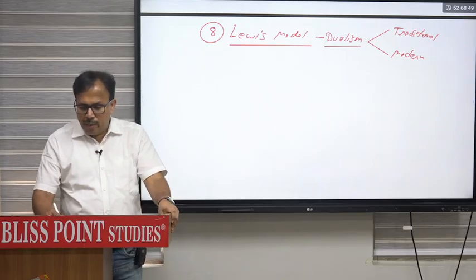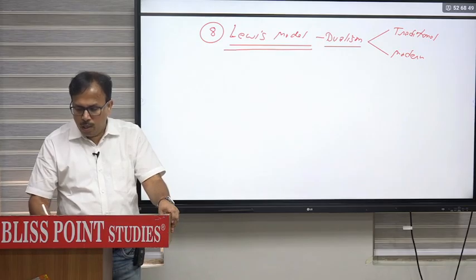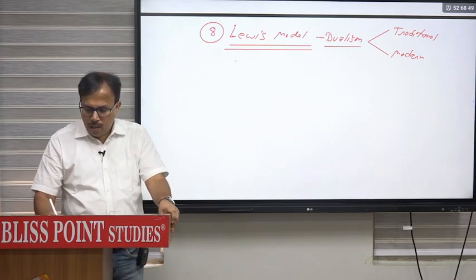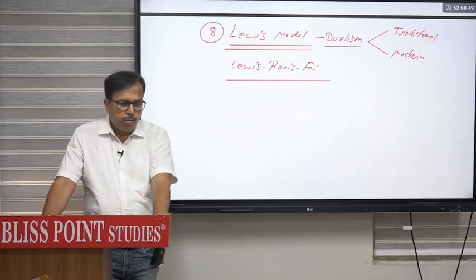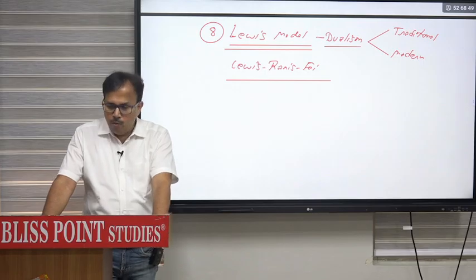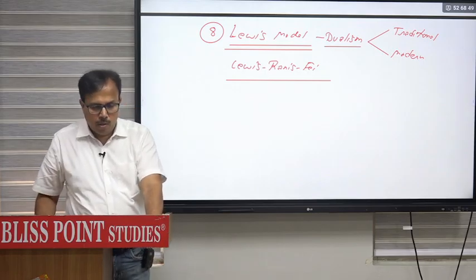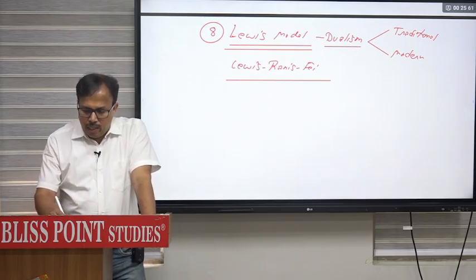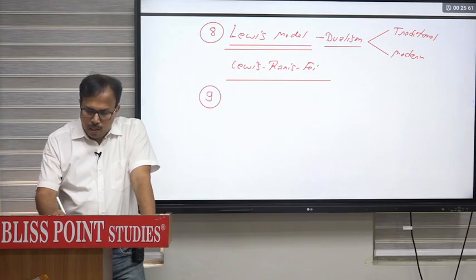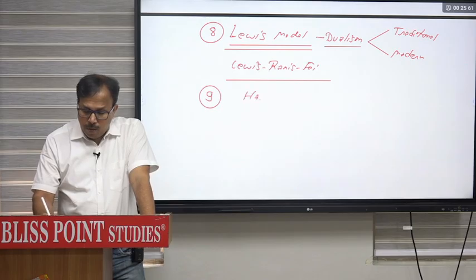That process will be explained by the Lewis model, which will be further refined by the Lewis-Ranis-Fei model. And just remember, it is the structural change theory of development. Then next will be the Harris-Todaro model.